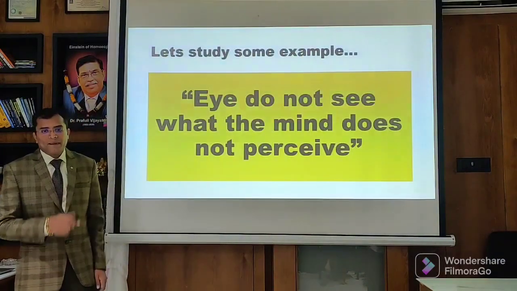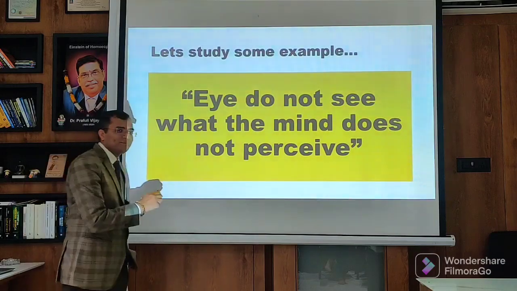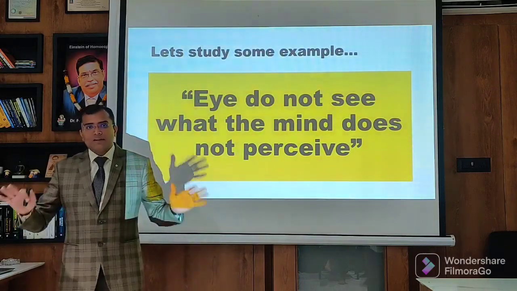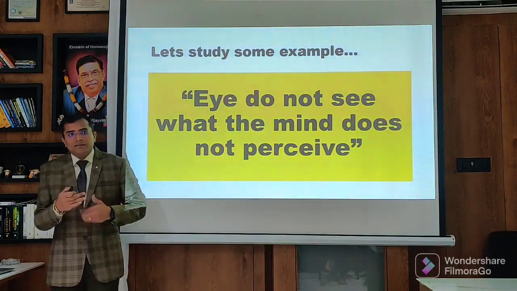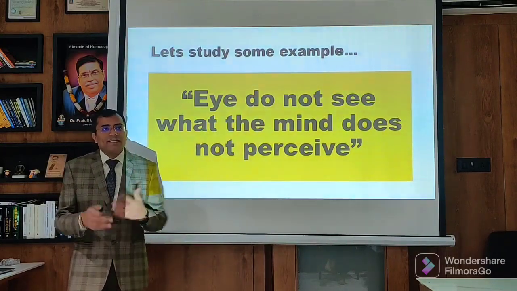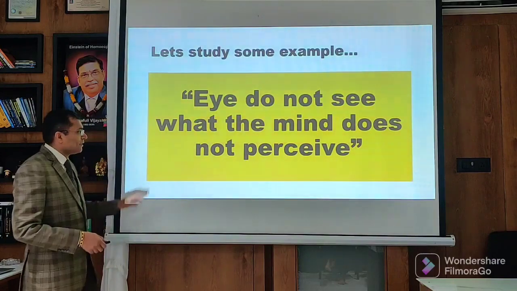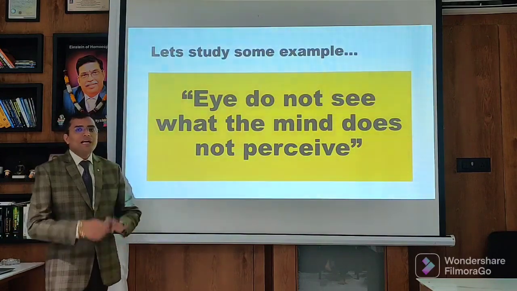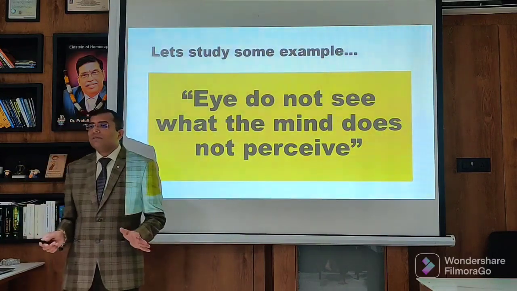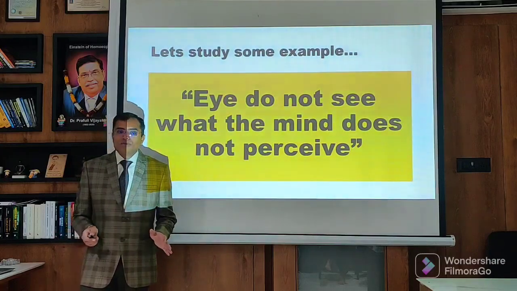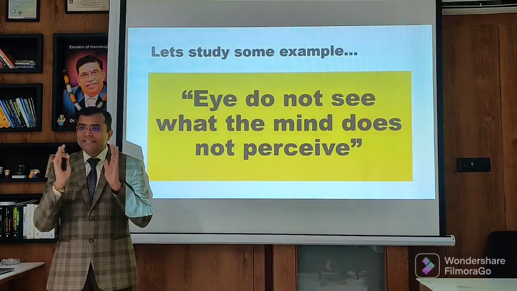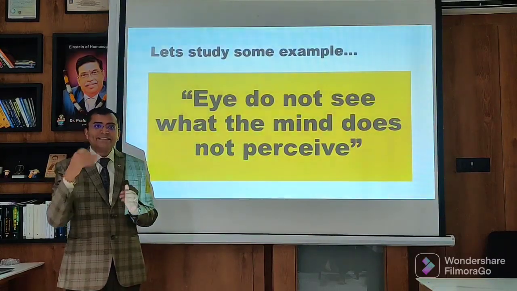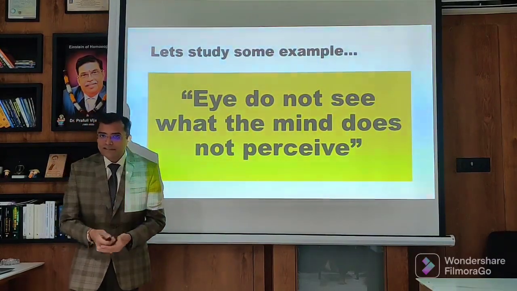Are you getting me? So let's study some examples. This is just the theoretical part of understanding how to study the repertory, but now we have certain examples or exercises we will do. First and foremost, sir always says, the eye does not see, the mind perceives. Most of the time we have to perceive something, and then our eye can see the things happening in front of us.